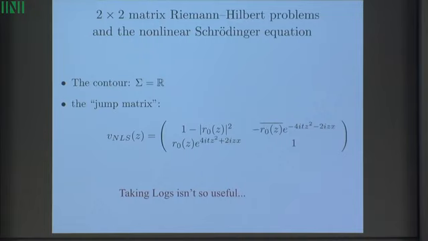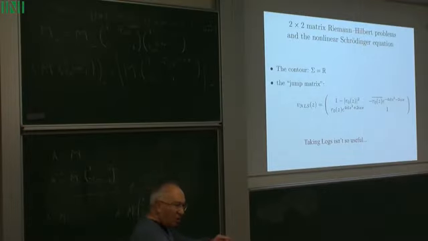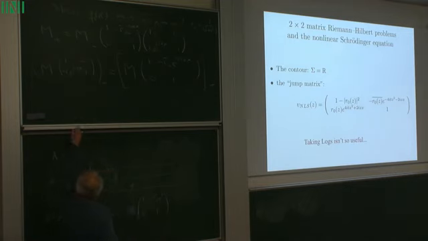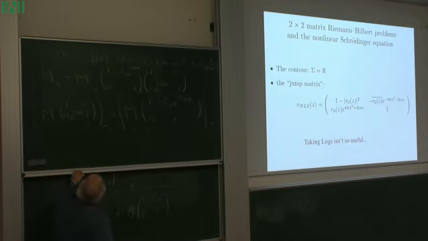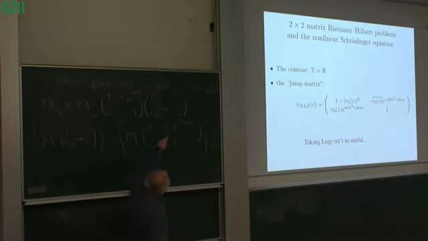If I choose my function R0 to be real for z real, then R0 bar is equal to R0, and so I just use the same function. I'm not using the extension of R0 of z bar, I'm just using the extension of R0 bar.